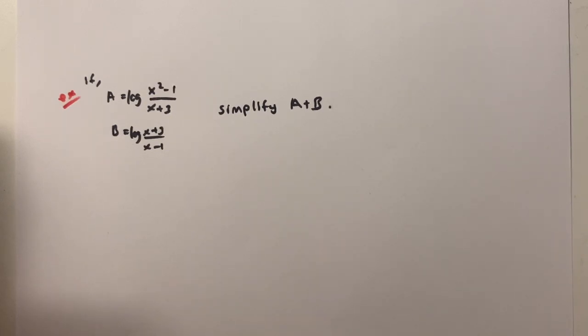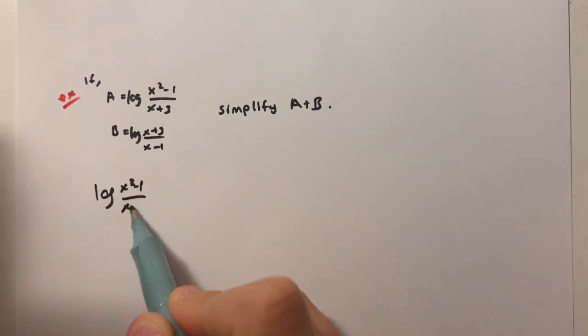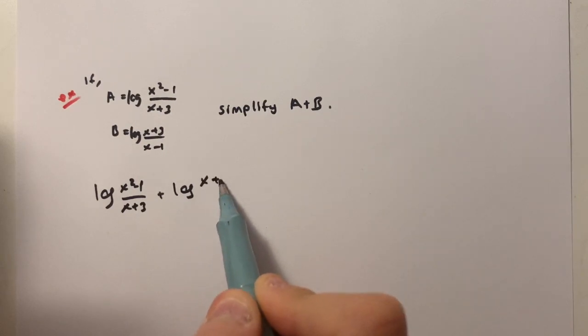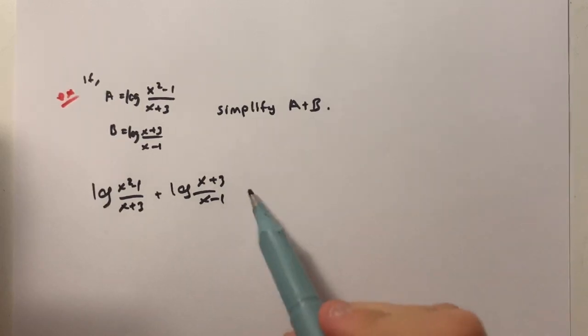Let's write a plus b first of all. As you can see, the bases are the same, which is 10. So we can write the powers in a product form like this.